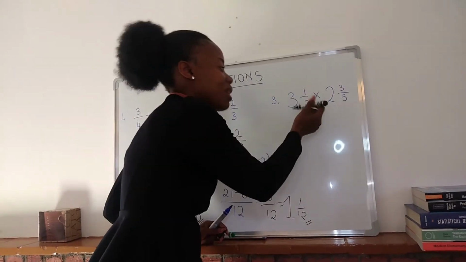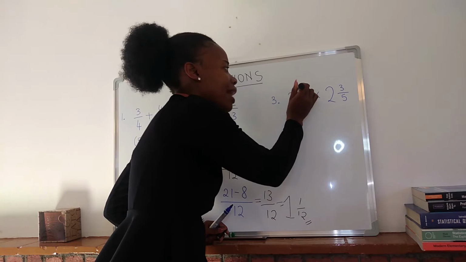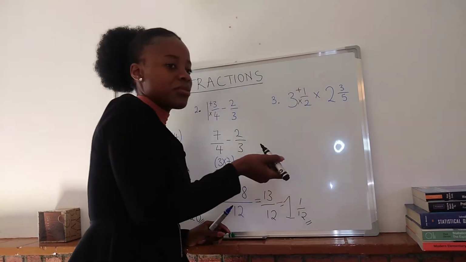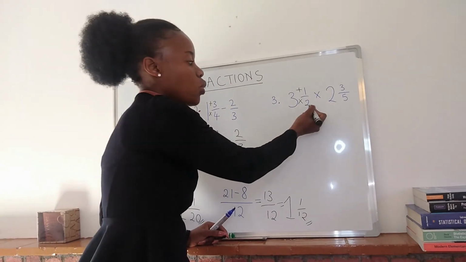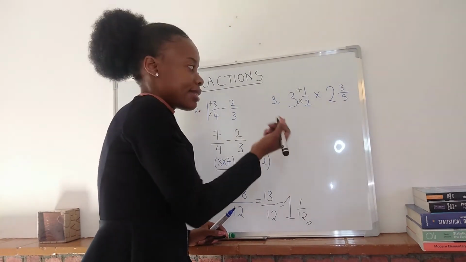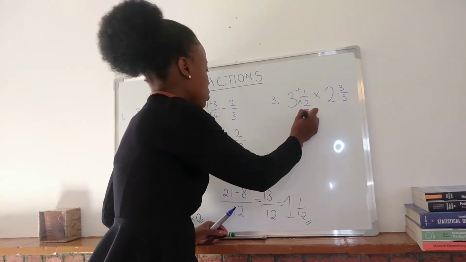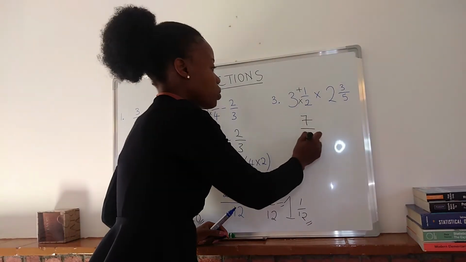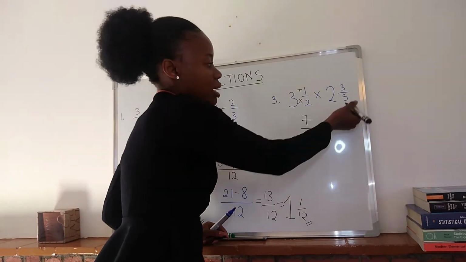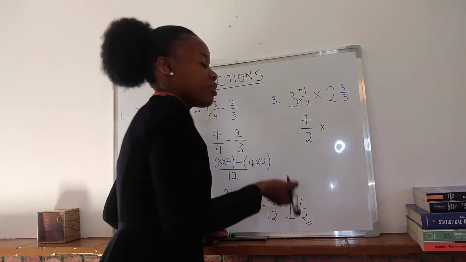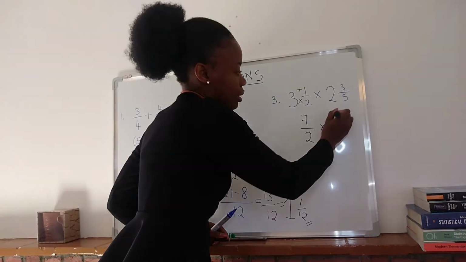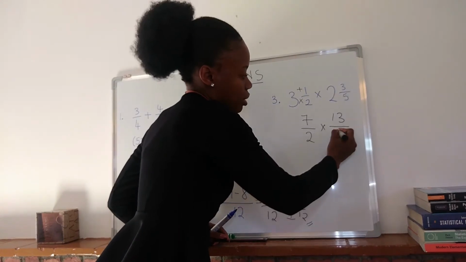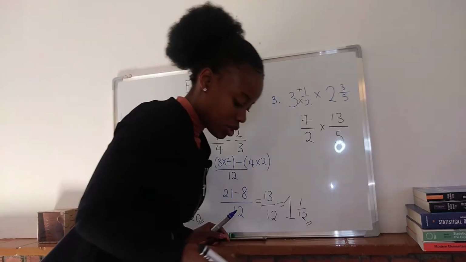So you know that you multiply first and then you add. So 2 times 3 is 6 plus 1, 7. So we have 7 over 2 times 5 times 2, 5 times 2 is 10 plus 3 is 13. 13 over 5, right?